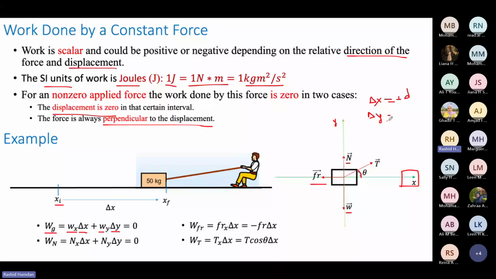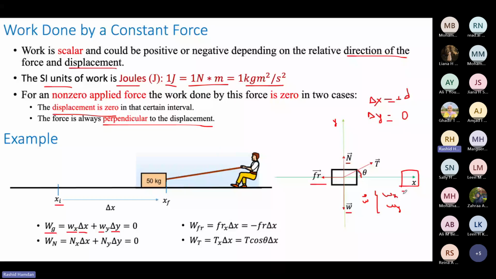Now if I come to the weight vector, I can split it also into two components, wx and wy. Now we look at the weight. The weight is on the y-axis, so it has 0 x component.